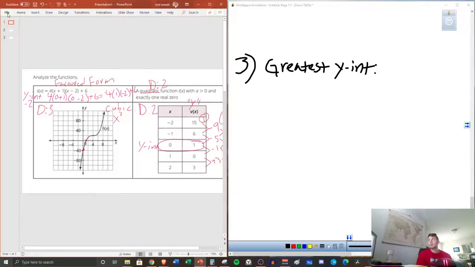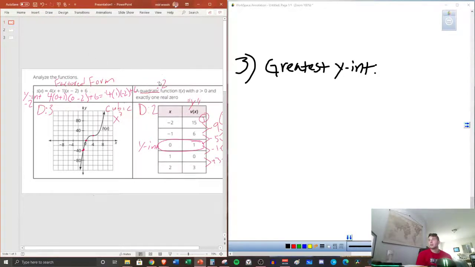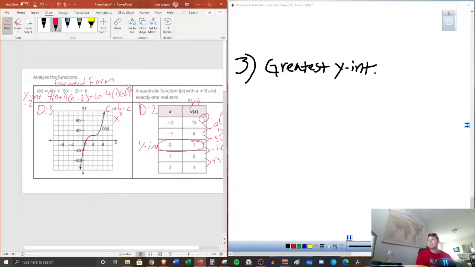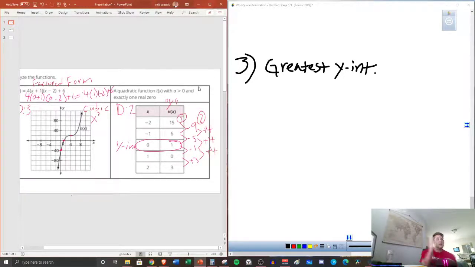So our final hope here is with this one, because right now it looks like it's going to be v of x. So here it says you have a quadratic function. A is greater than 0. Again, you have to remember all these small little rules from the first part of this unit.